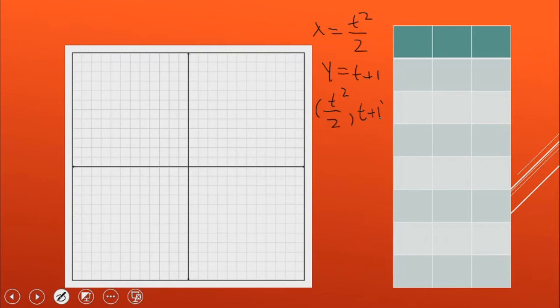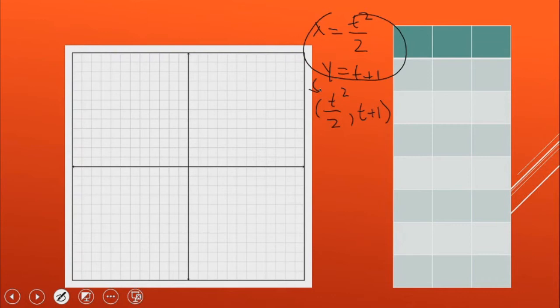This example is x is equal to t squared over 2 and y is equal to t plus 1. Also to be written as this. Again, this represents the same thing that these two equations do.